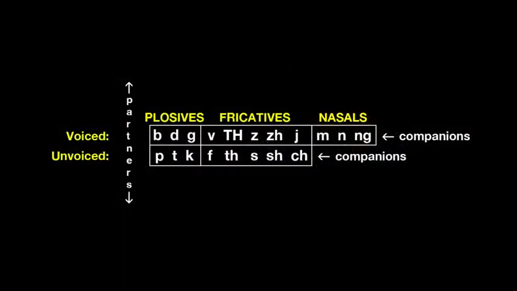Then we would try to add as little sound as possible to the second member of the pair. So again, using the long I, cry. What would be the least possible sound you could add? Think about that for a minute. Take a look at the consonants. What would be the least possible sound you can add?